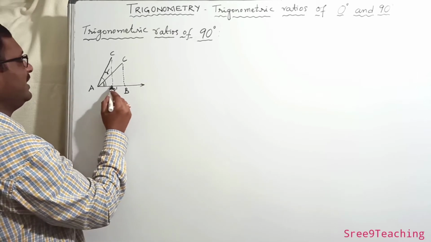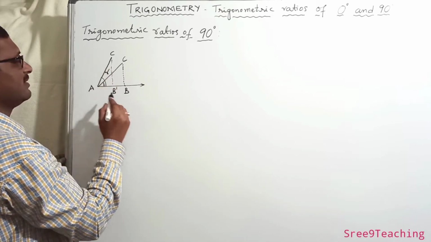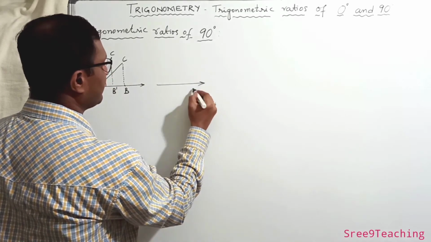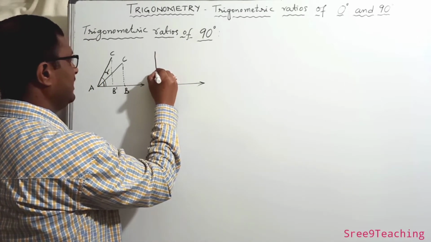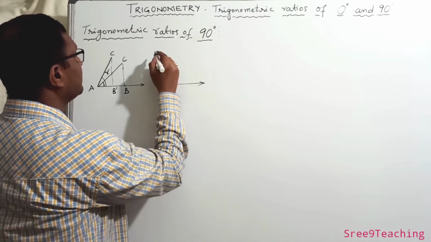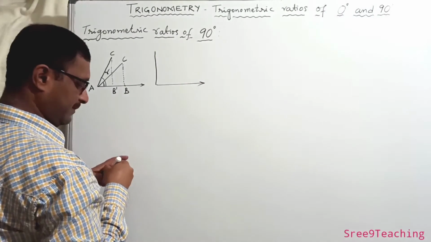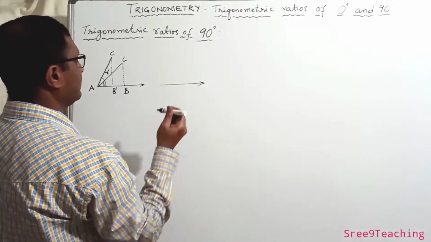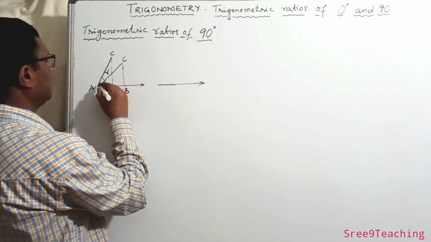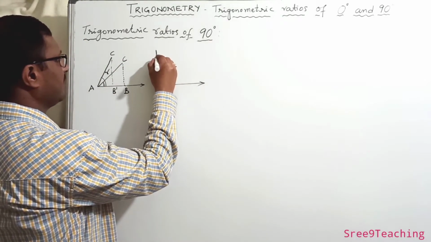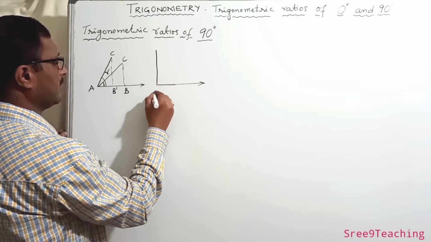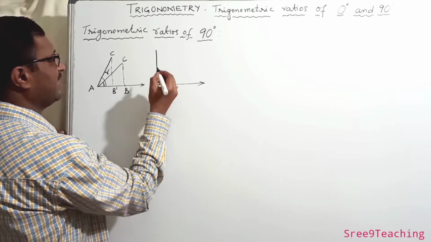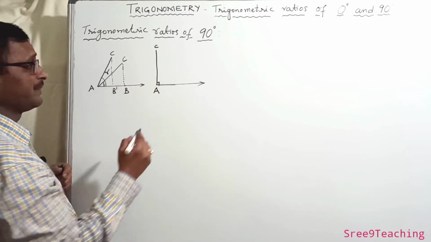And suppose this angle is increased to 90 degrees like this, and if AC becomes 90 degrees, and here it will be C, right.